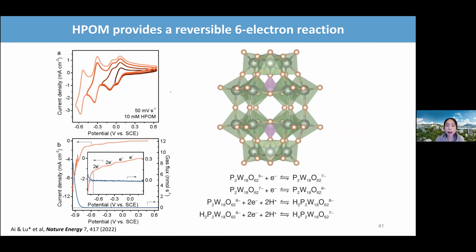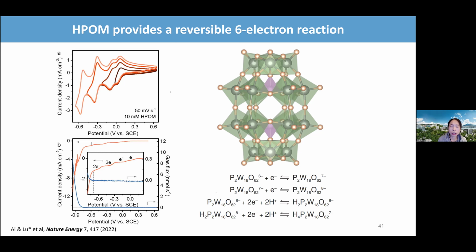So we looked into the literature, and this polyoxometalate type of material caught our attention because it has very high kinetics itself, and also it has 60 electrons active that can be stored in this POM.